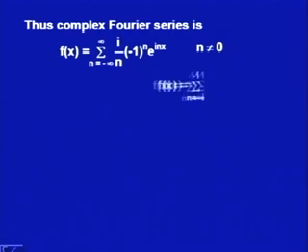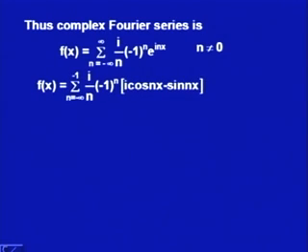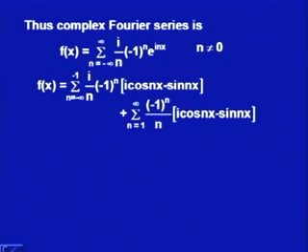If I expand it, it would be the sum from minus infinity to minus 1 of i upon n minus 1 to the power n, cos n x minus i sin n x, and the summation where n is running from 1 to infinity, because n equal to 0 is excluded, of minus 1 to the power n upon n, i cos n x minus sin n x.